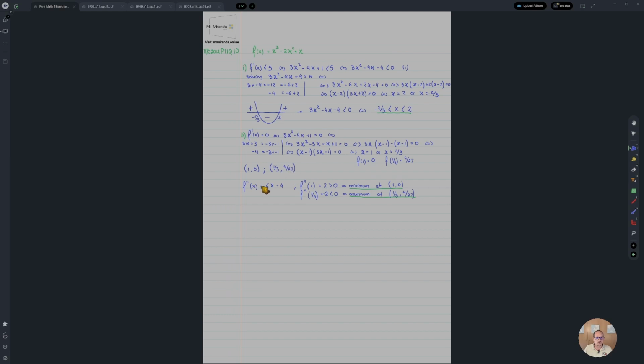Then for the nature, just take the second derivative, substitute the values of x that you got before, and see if they are positive or negative. If positive, minimum. If negative, maximum. So the first one is a minimum, the second one is a maximum, and write it down.